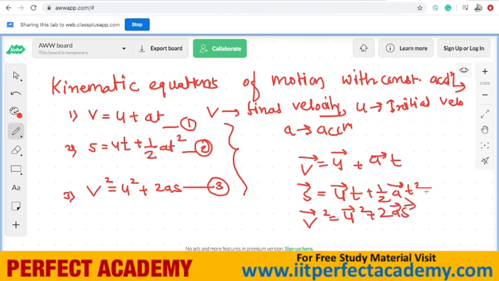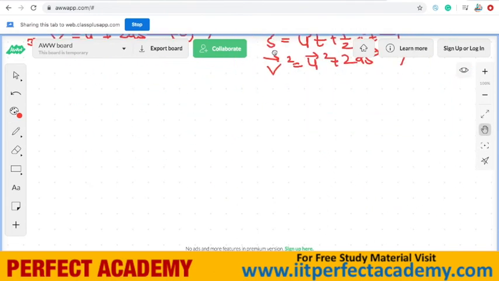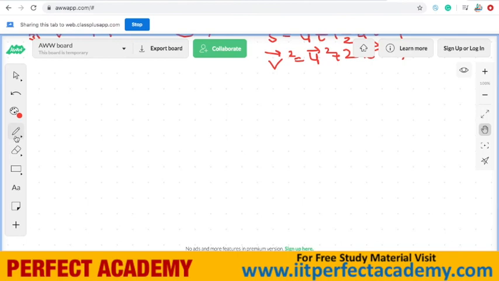So these are three kinematic equations, remember them. By using these three kinematic equations we are going to solve a few questions. Now let us work out a few previous year questions based on what we have learned so far in kinematic equations.